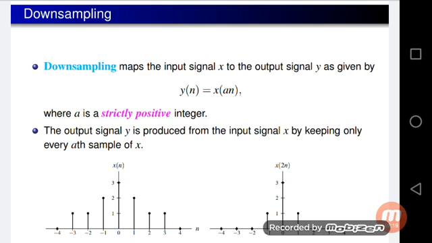Downsampling, already we know the meaning. Down means decreasing. Down means decrease. So from the left side diagram, the pulse amplitude is very high compared to the right side diagram.